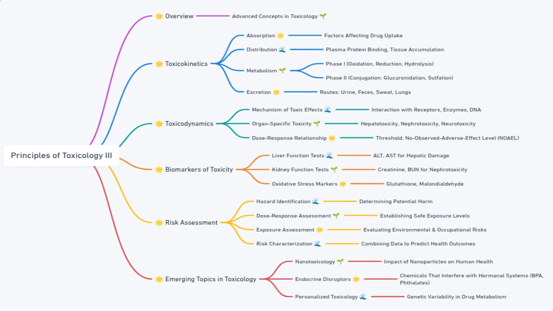So more on the toxicodynamics, allergic reactions and also hypersensitivity reactions are very important. So chemical allergy is an adverse reaction that results from previous sensitization to a particular chemical or to one that is structurally similar.